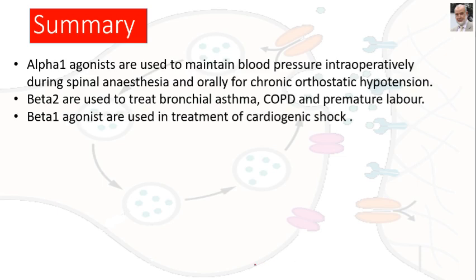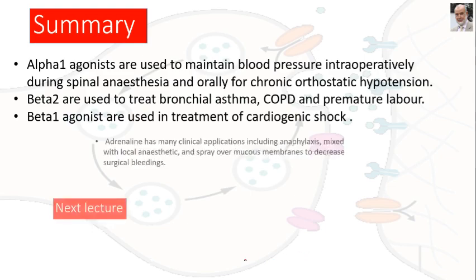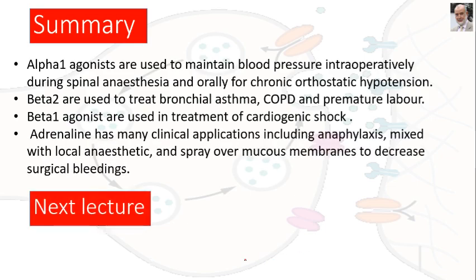We talked about the use of beta-1 agonists in the treatment of cardiogenic shock. We talked specifically about adrenaline and how it is used in treatment of anaphylaxis, where it is life-saving, how it is mixed with local anesthetics, and how it is sprayed over mucous membrane to decrease surgical bleeding. We talked as well about phenylephrine and noradrenaline.